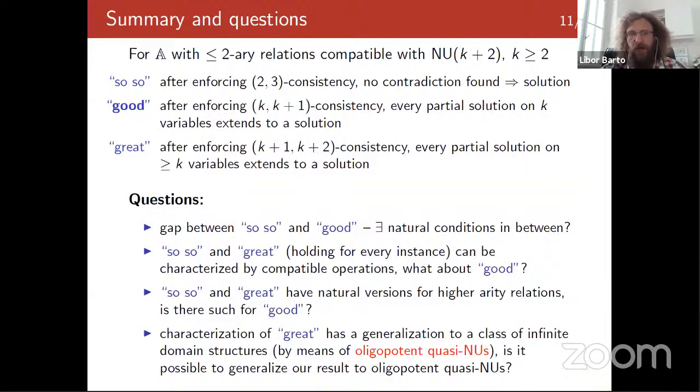What would be nicer to have, and which we don't have yet, is the same conclusion, but just having oligopotent quasi-near-unanimity operations. Those are not necessarily idempotent, and this condition exactly characterizes the result in some restricted classes of CSPs.